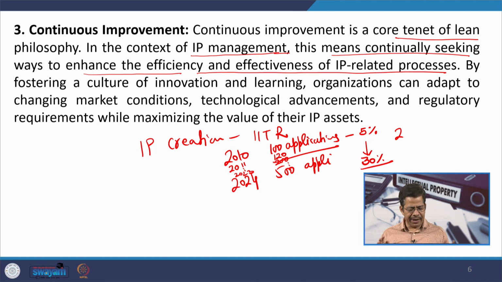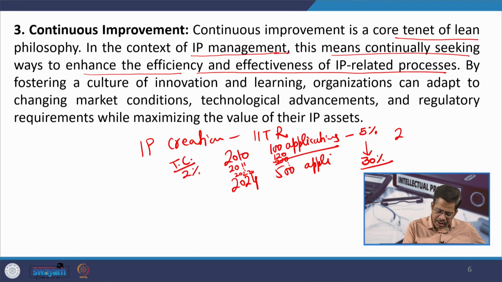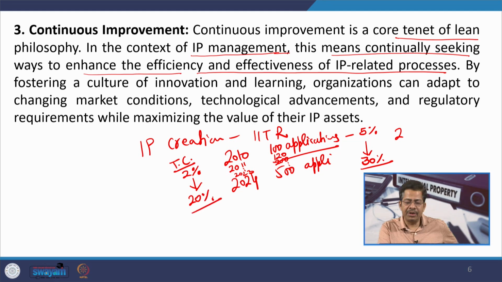So, you may find the rate of technology commercialization was just 2% in 2010, and this 2% has increased to 20% in 2024. So, continuous improvement in the entire IP management activity is another important aspect of incorporating lean in our IP portfolio management.